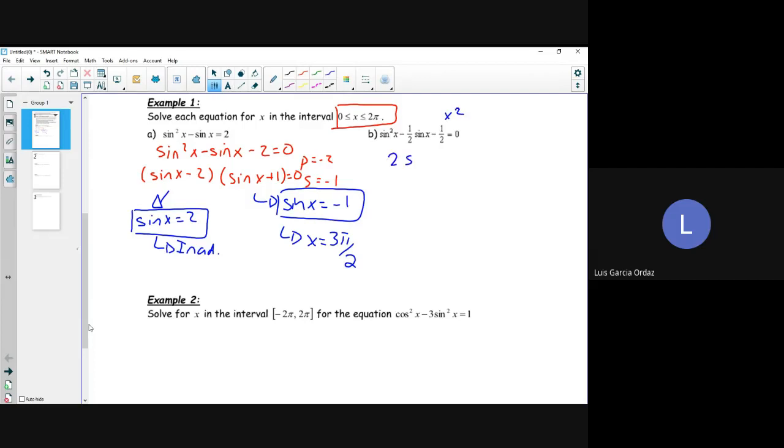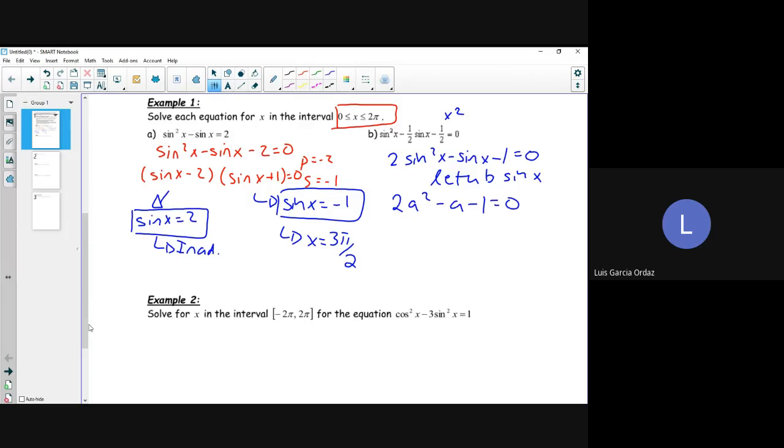So you get 2 sine squared x minus sine x minus 1 equals 0. Now we're going to have our let statement. We let a be sine x, so we're left with 2a squared minus a minus 1 equals 0.